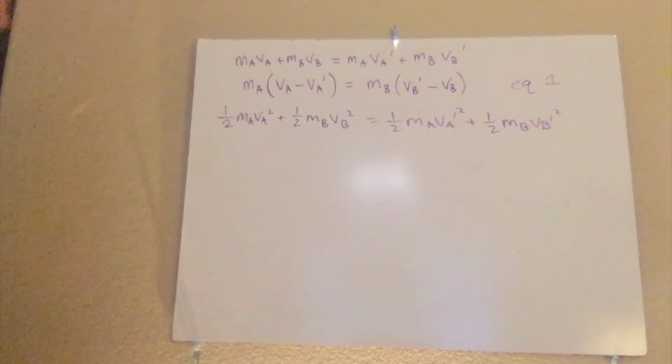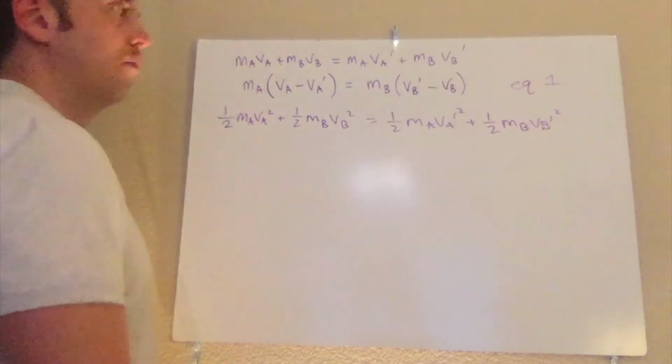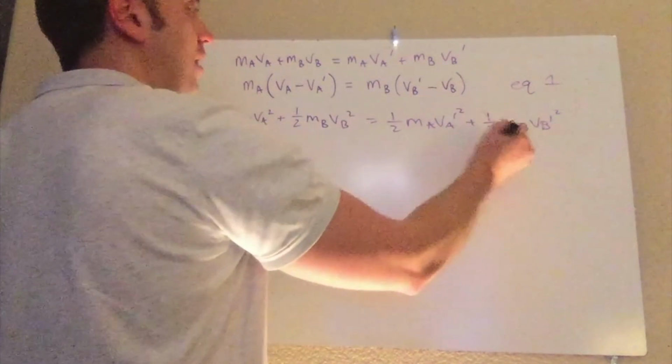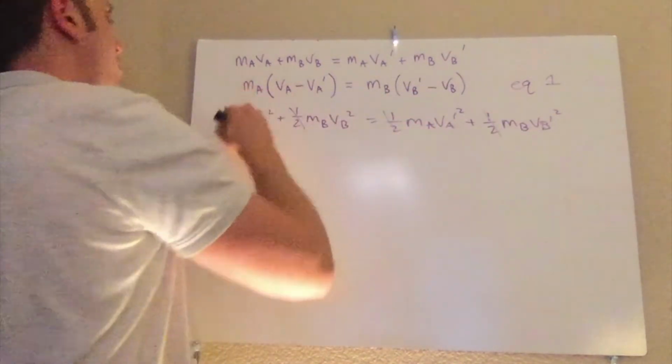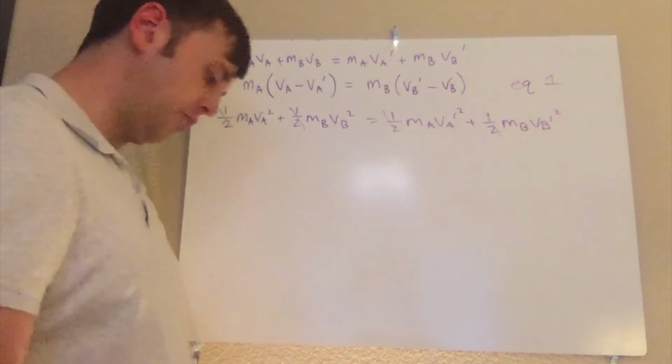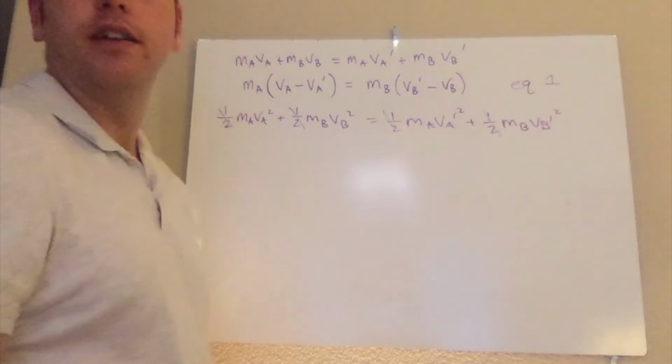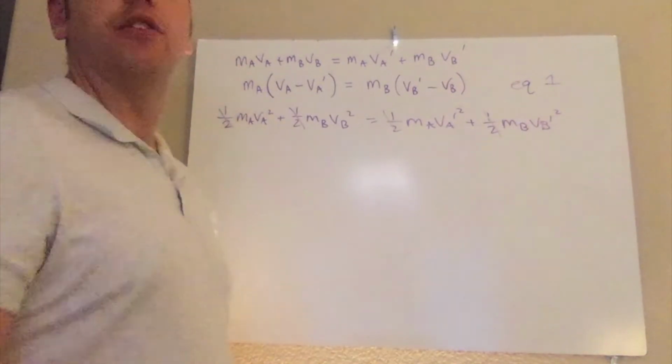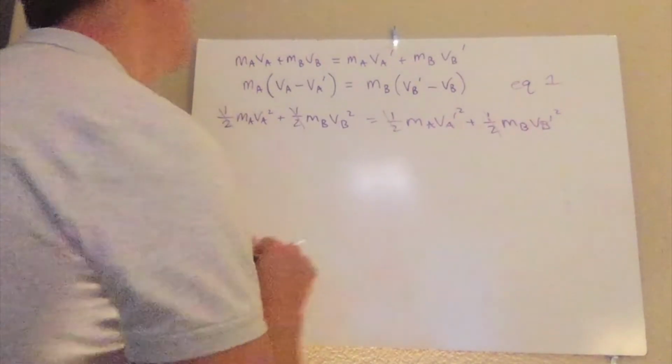Okay, so right away, we can make this a lot simpler by just canceling out the 1/2 factor across the board. Also, let's do a similar kind of game to what we did just a second ago. Let's take all the A terms, put them on one side, take all the B terms, put them on the other side of the equation.